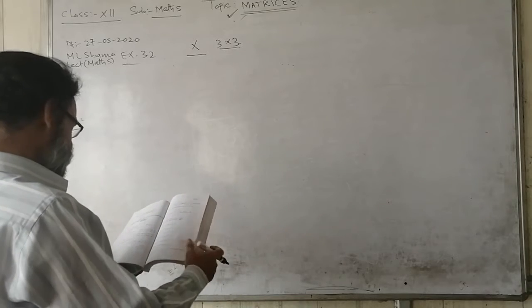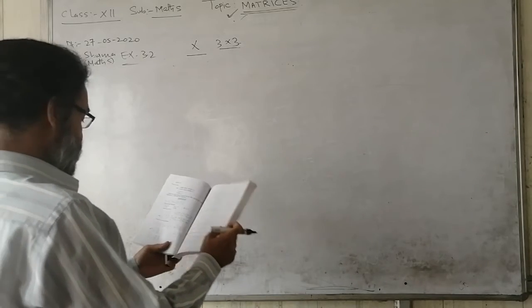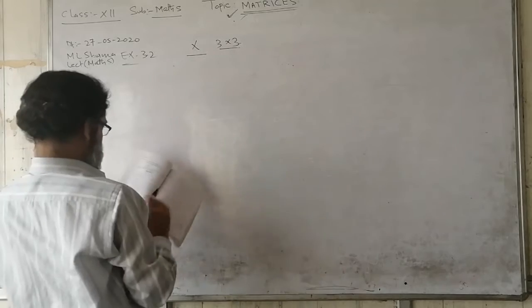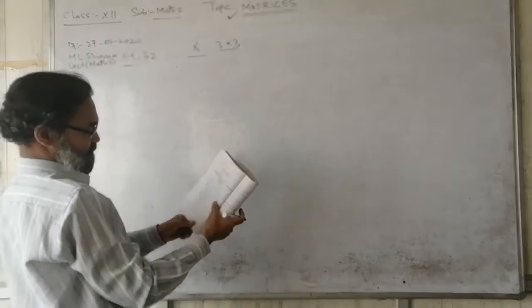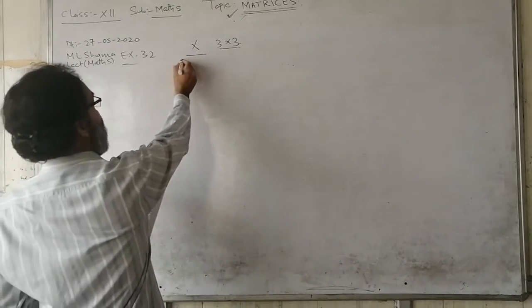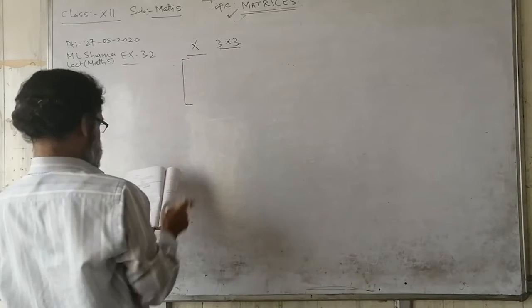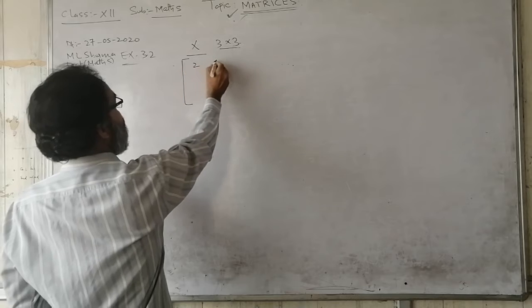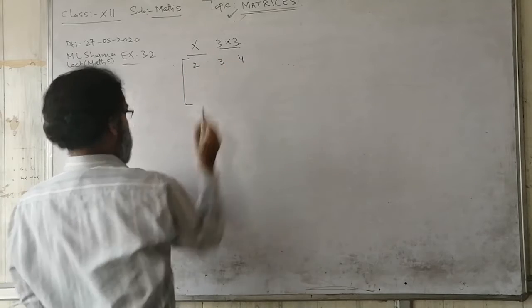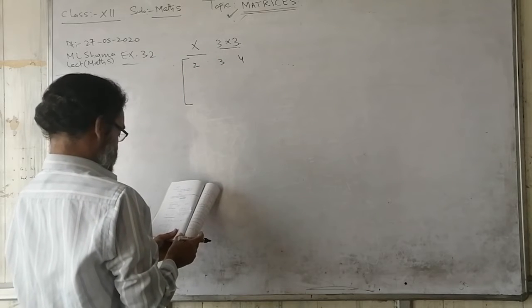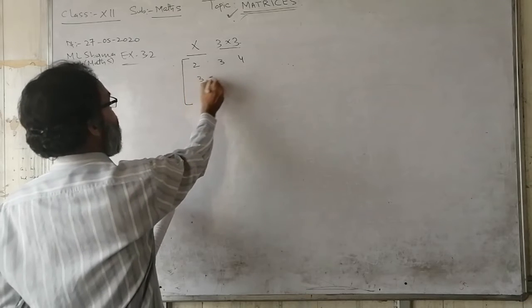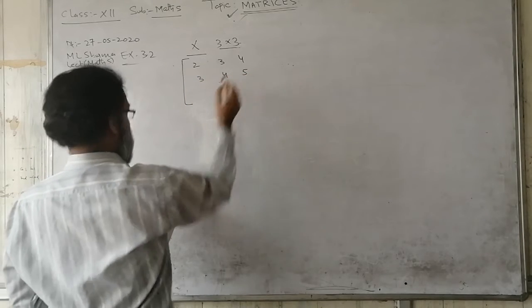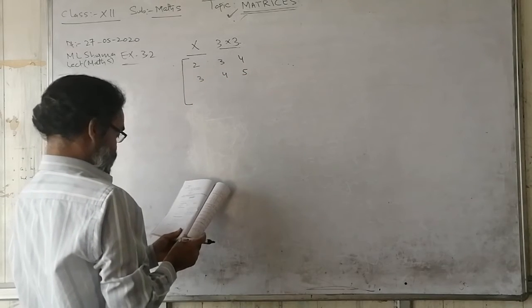the question is, you have to multiply two matrices given as 2, 3, 4, then 3, 4, 5, then 4, 5, 6.